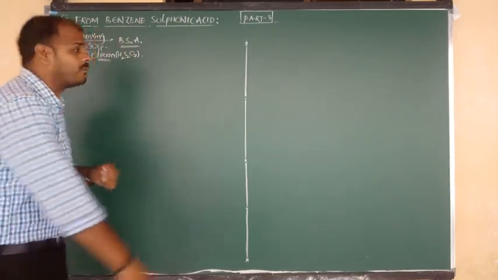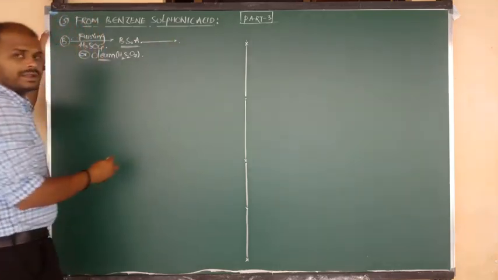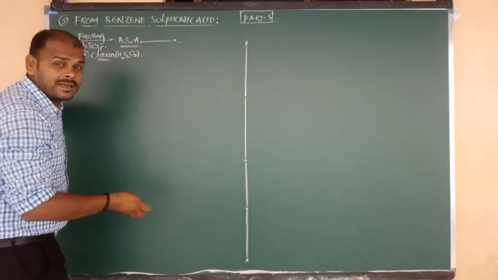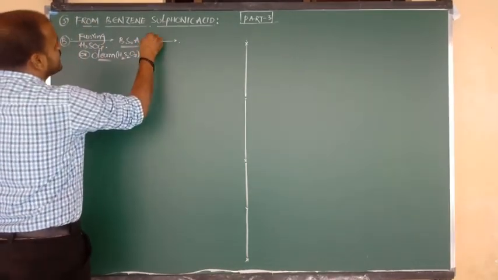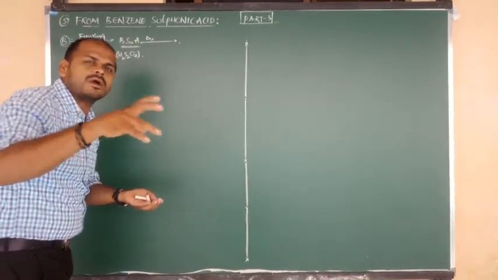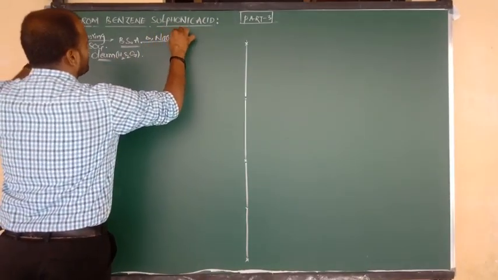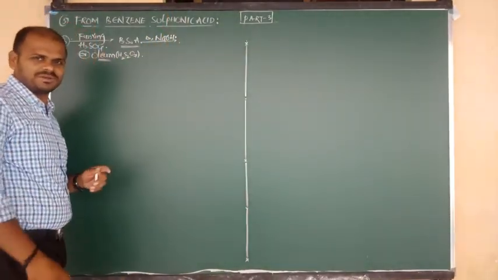Now by using that benzene sulfonic acid we are going to prepare phenol. Let us see how. Benzene sulfonic acid undergoes fusion, that is heating, with the addition of caustic soda solution, also called sodium hydroxide solution.